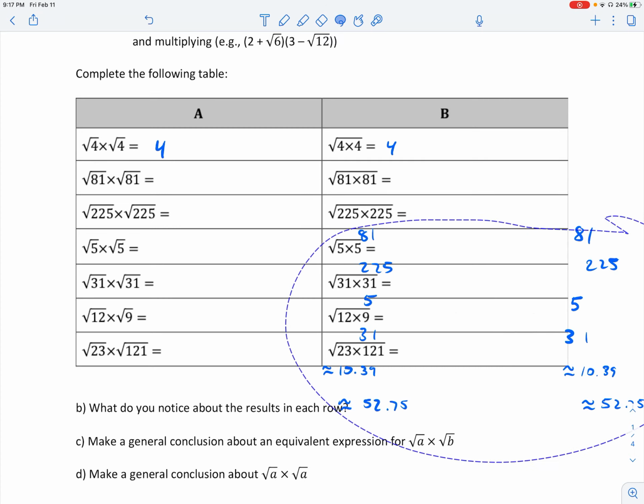So this would give me 4y plus 5x, because these are like terms. So with polynomials, you can only add like terms. Or in this case, if we want to add and subtract radicals, we can only add or subtract like radicals.